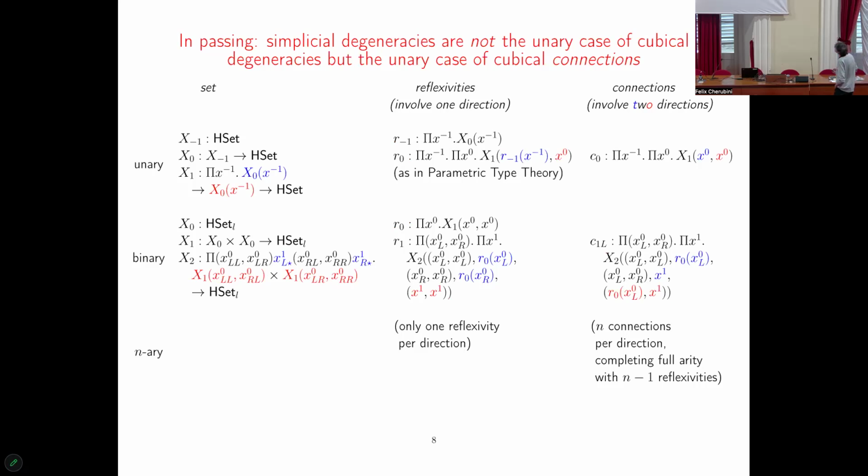First, before doing this construction, my remark on connection and degeneracies. The difference I'm making here is that degeneracy. I will now use different terminology, because degeneracies, as I said, do not mean the same in the semi-simplicial and the semi-cubical settings with respect to this view of seeing things. So connection will involve two directions, and reflexivity involves only one direction.